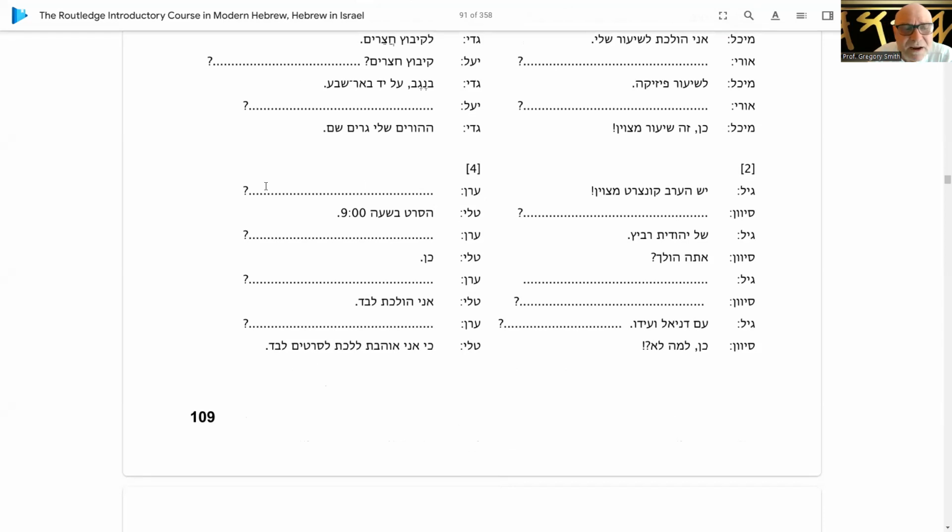Iran says blank, and now we have to figure out what's the question to match the answer. Tali says, Haseret Basha'a Tesha. Let's see, the movie is at the hour of 9 o'clock.